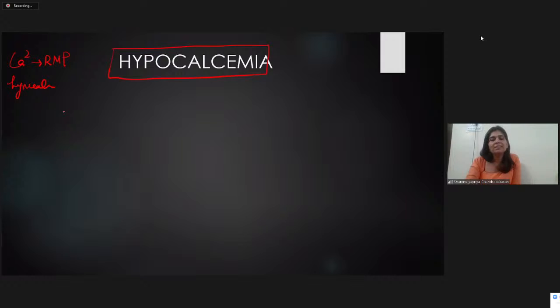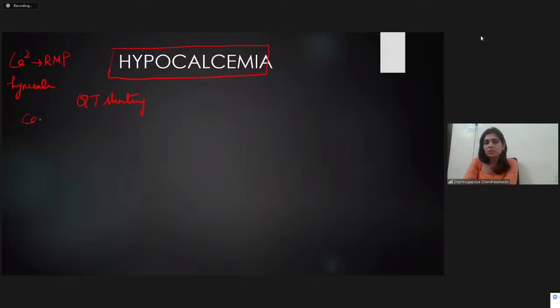So it presents as tetany, seizures, or QT shortening. So in hypocalcemia, what are the features you expect? Increased neuronal excitability, which will be evident as tetany, seizures, QT shortening, hypotension. So all these are expected manifestations.